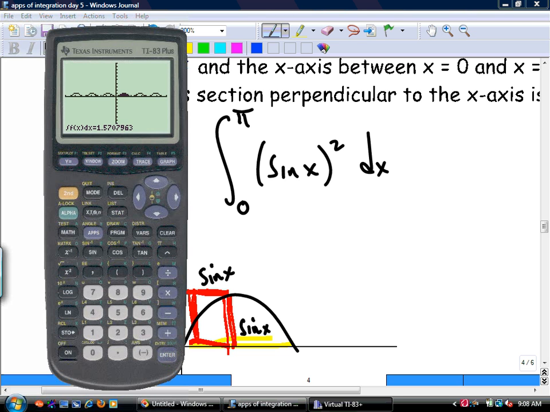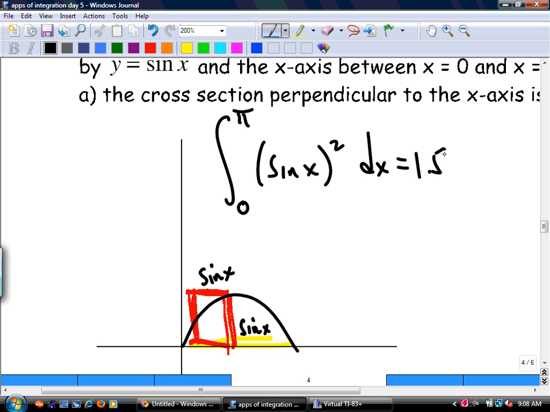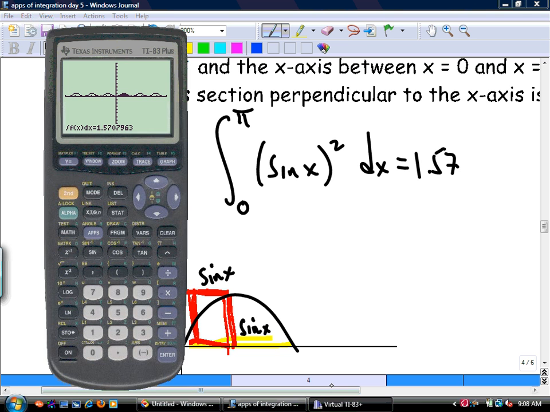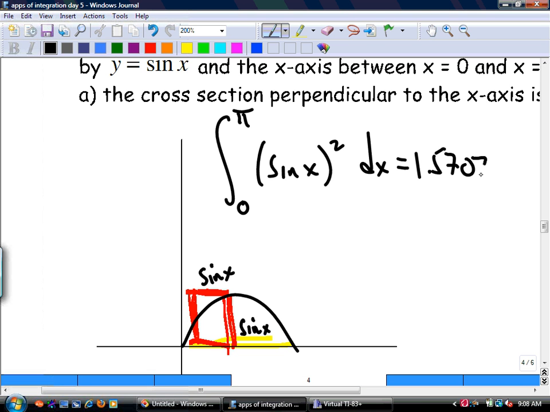So the volume of the squares on the side is 1.57070963. I think that's pi over 2 if you want to check.